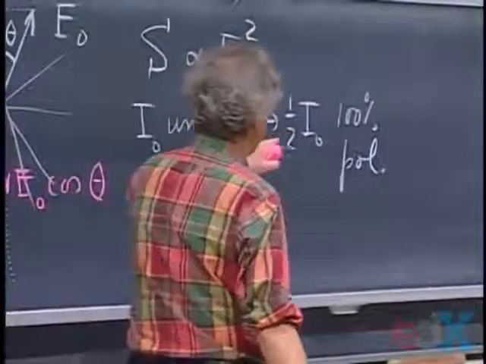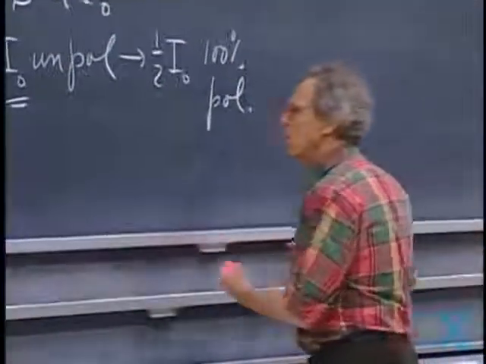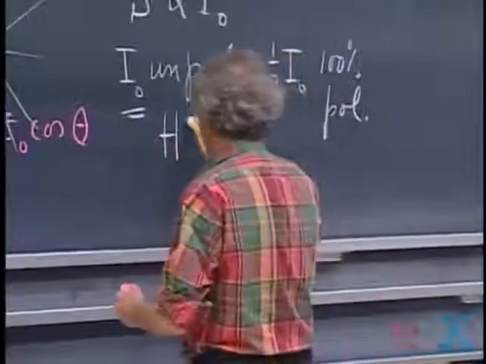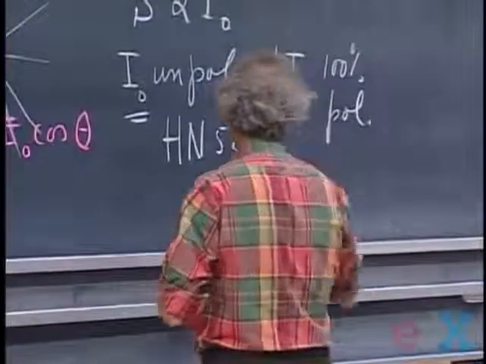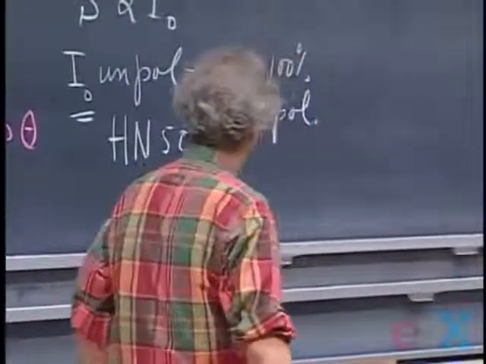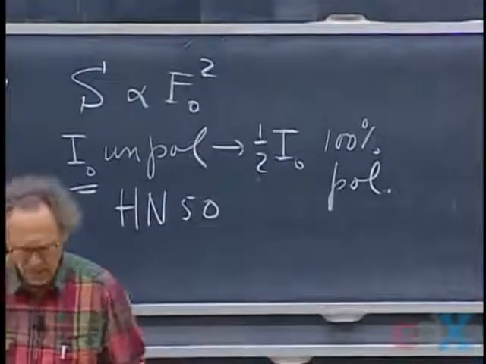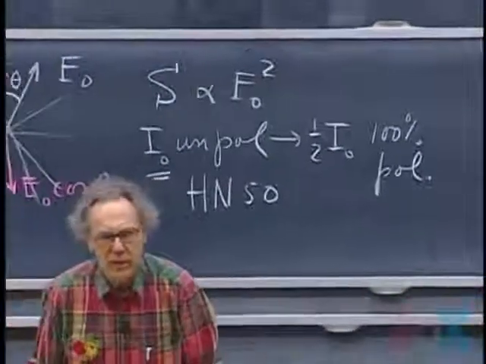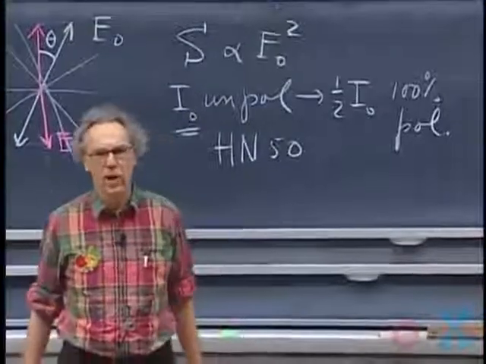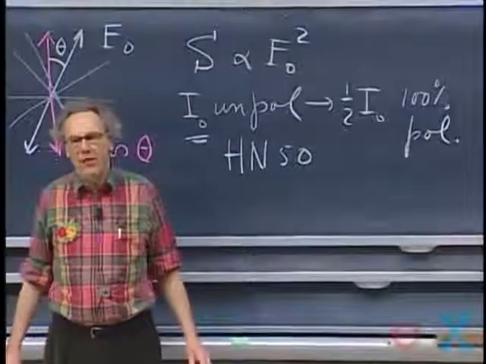If this were the case, this would be an extremely ideal polarizer. We would call this an HN50 polarizer. They don't exist, it's only in your head. And the 50 refers to the fact that 50% get through polarized. In the optics kits that we hand out today, that we will need throughout this course, you don't have HN50 polarizers, they don't exist.